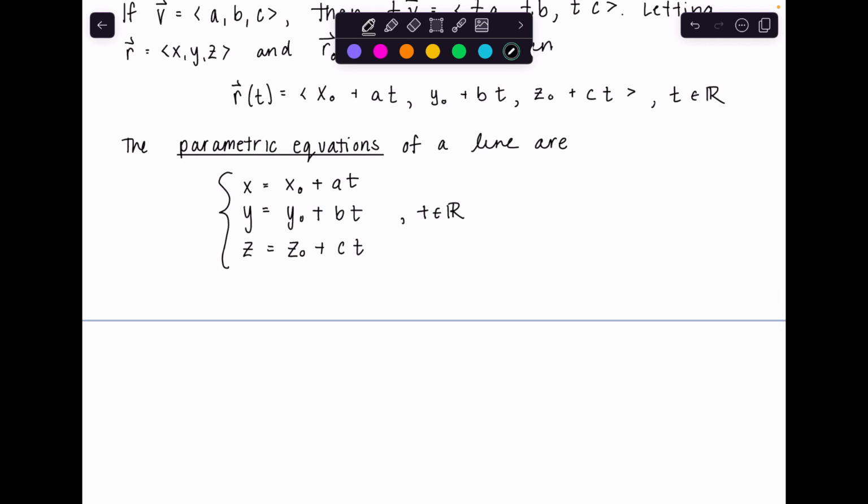So these aren't as important that you need to know. Typically, we're just going to use the vector function or the parametric equations themselves. But this is something that can pop up. So the symmetric equations are the following.